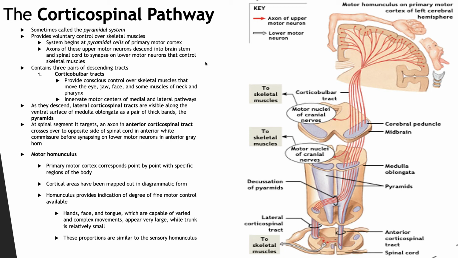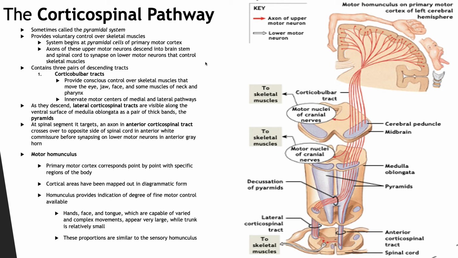A little bit about the corticospinal tracts. Axons in the corticospinal tract synapse on the lower motor neurons in the anterior gray horns of the spinal cord. As they descend, the corticospinal tracts are visible along the ventral surface of the medulla oblongata as a pair of thick bands, also known as the pyramids. Along the length of the pyramids, roughly 85% of the axons cross the midline to enter the descending lateral corticospinal tracts on the opposite side of the spinal cord.